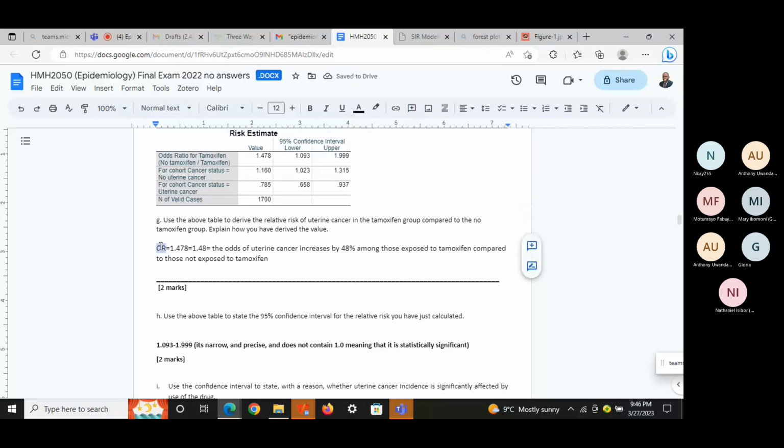Okay, so this is how to explain your odds ratio.